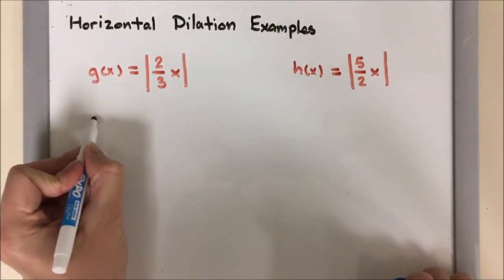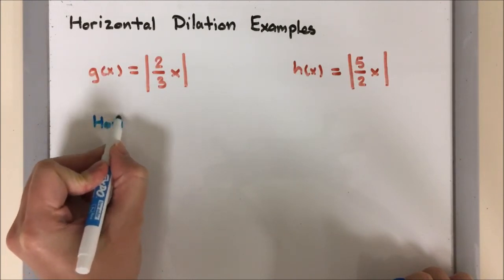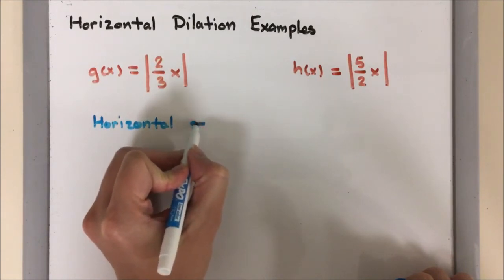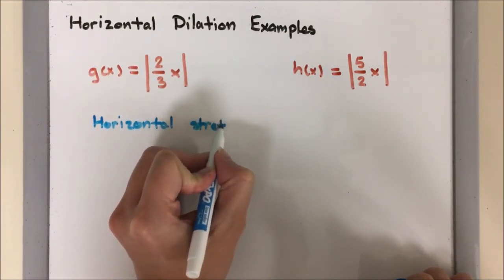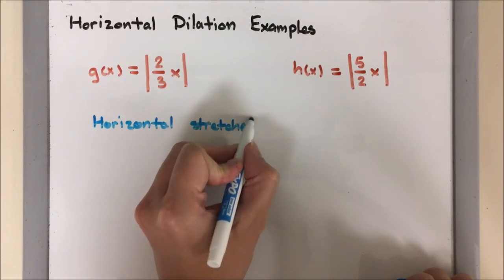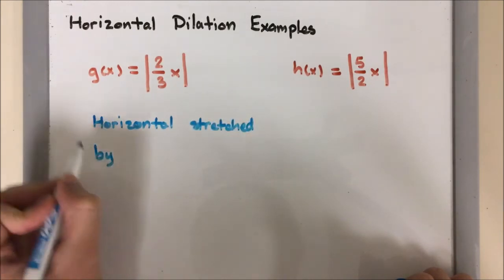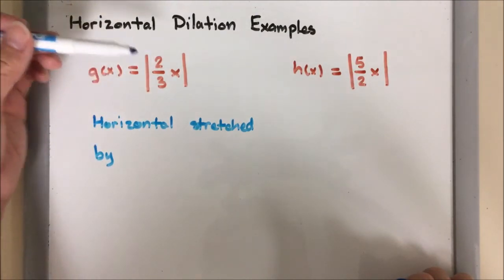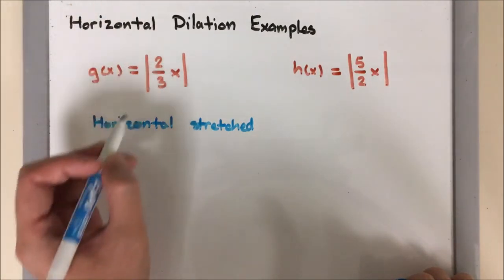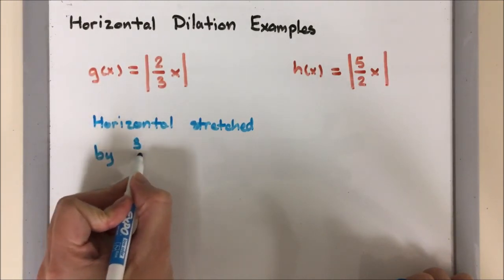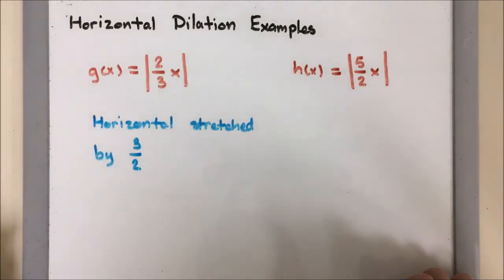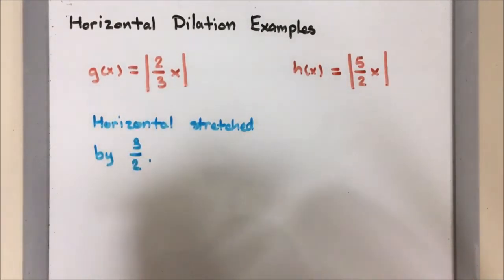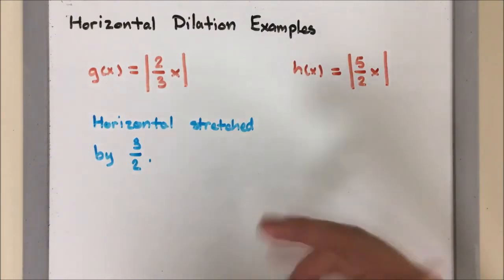So I'm going to write horizontal stretch by, and since you start off with a fraction in the problem, you're going to write the reciprocal, or basically flip the fraction. So instead of 2 over 3, I'm going to say 3 over 2. So horizontal stretch by 3 over 2. And that's all you have to do. So if you start off with a fraction, basically you flip it.